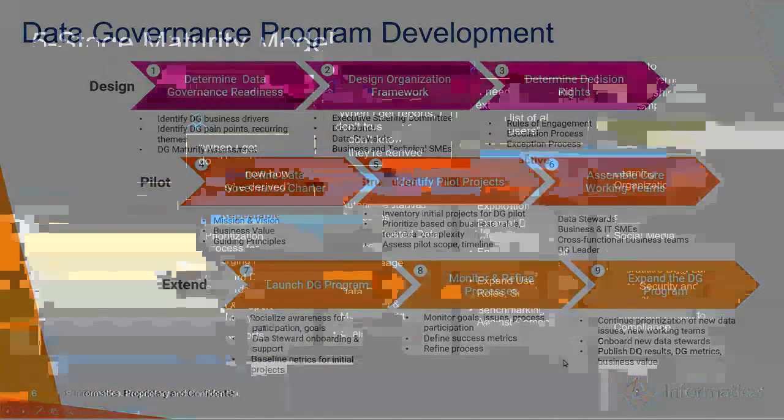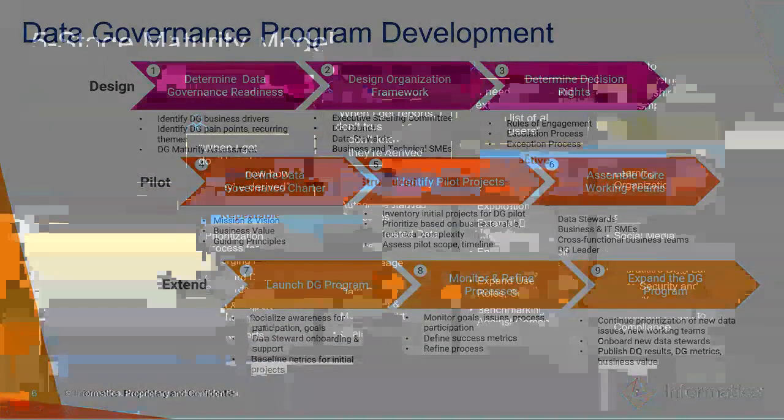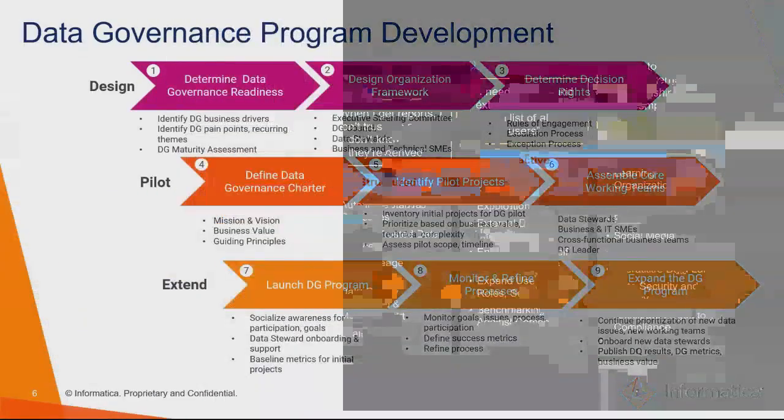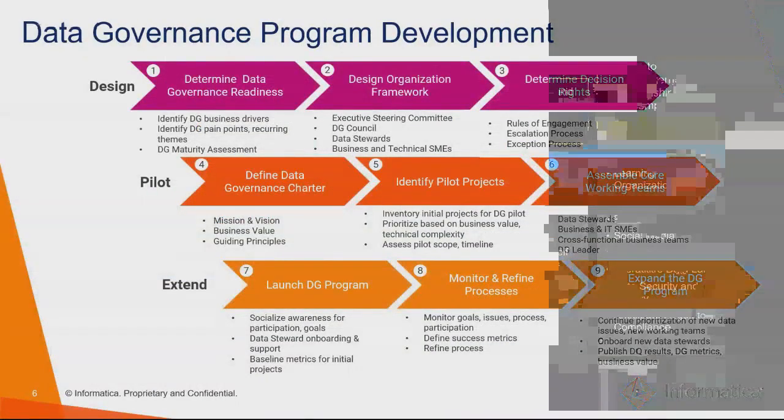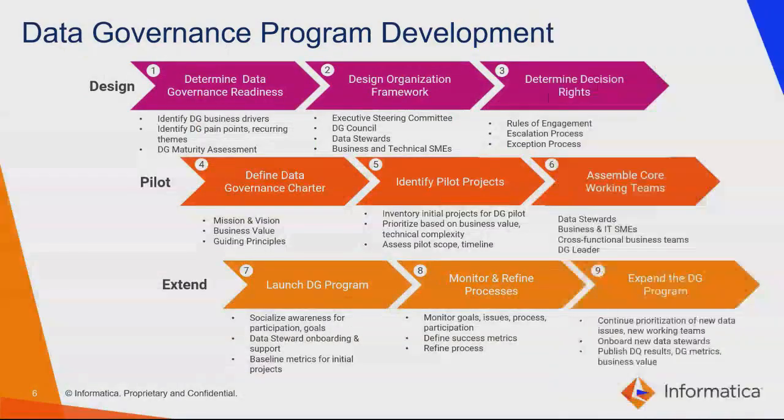Here is a 3-stage approach of building the program: design, pilot, and extend. Design goes with determining the data governance readiness, basically identifying the business drivers, pain points, recurring themes, and maturity assessment.